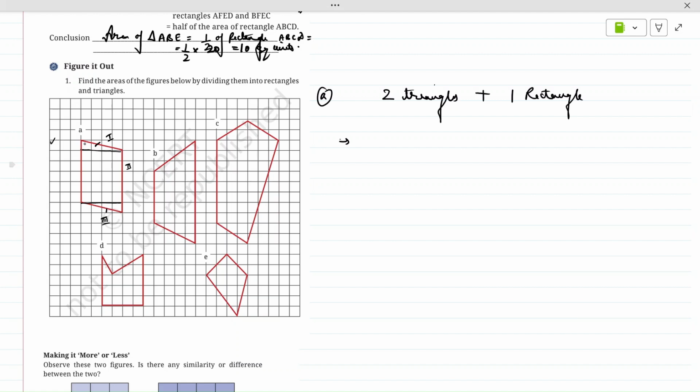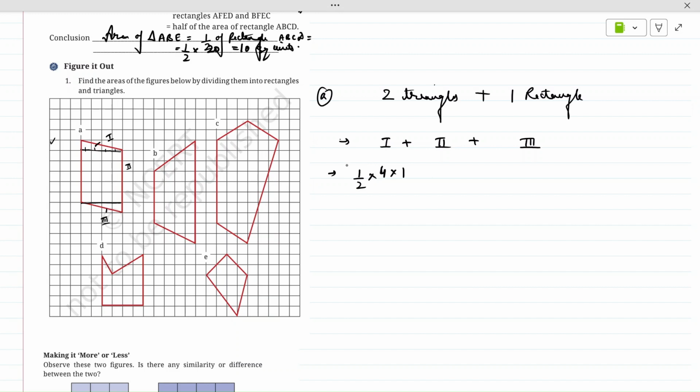What is the area of the first figure? Let us see. It is a triangle. So for the first one, we have half into base into height. This is 1, 2, 3, 4 and 1 unit here.